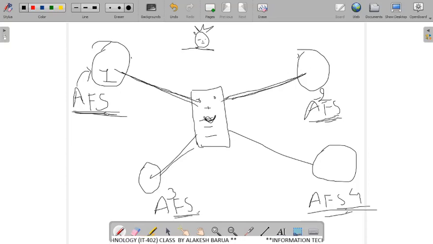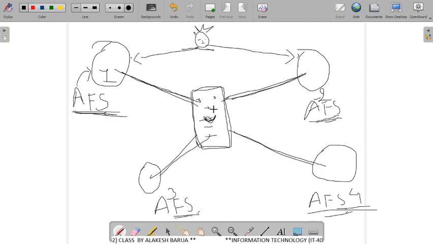So even if this hacker or unscrupulous person accesses these computers, he or she will get nothing, nada, because these computers are empty. The data and information is in this computer.